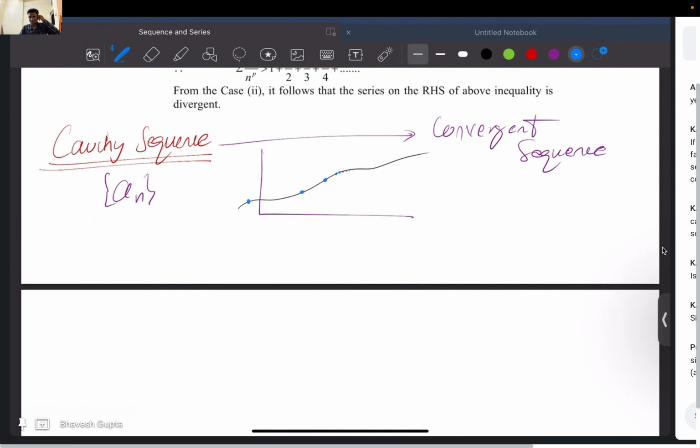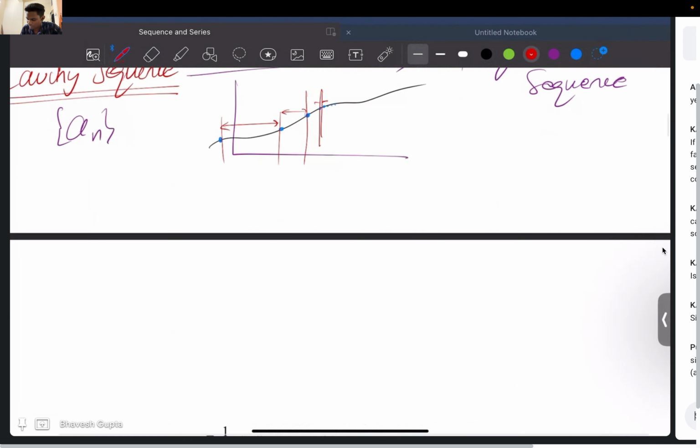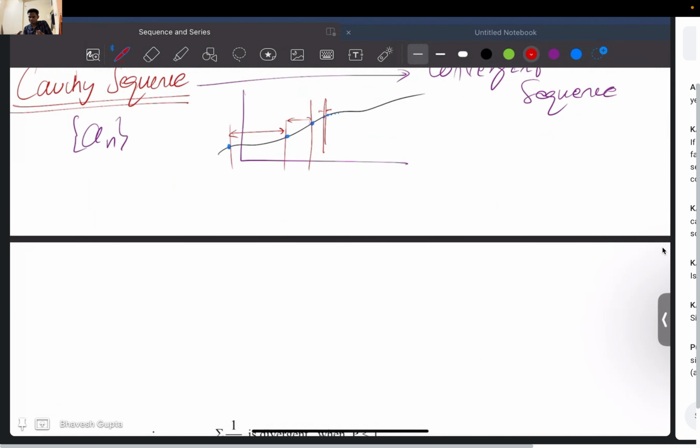Okay, so you can see that the distance between the points is getting closer and closer, right? So a Cauchy sequence is basically a sequence in which the distance between the sequence elements, where we check the consecutive elements, turns out to be vanishing as my n increases.